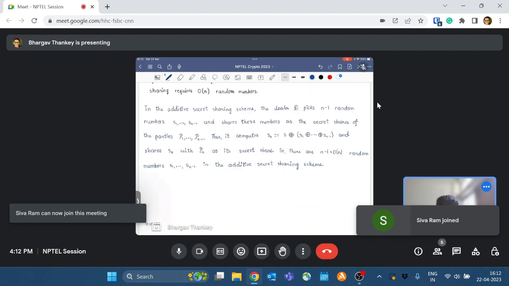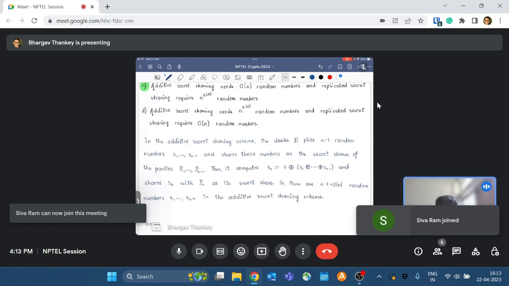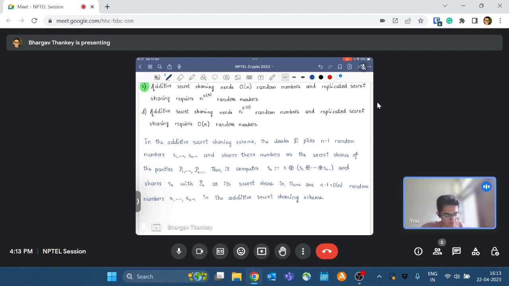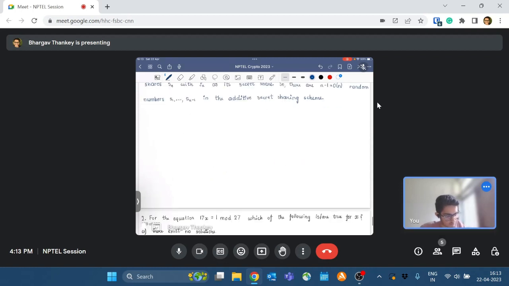Now let's see why the second part, that replicated secret sharing requires n to the order t random numbers, is also true.